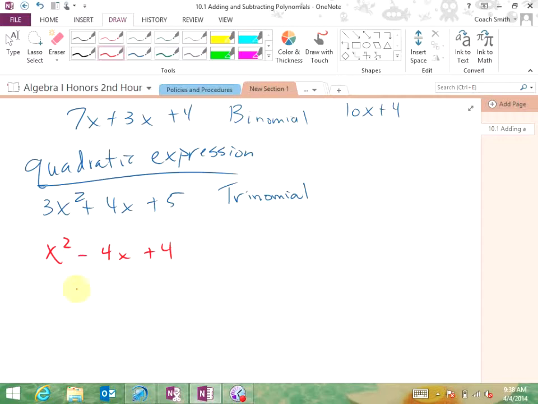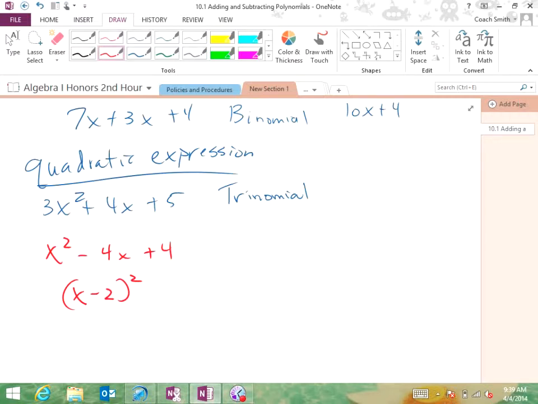That simplifies into this. But that is a quadratic trinomial that I can simplify. Obviously, you will not learn that for a couple of lessons. I think it's midway through this chapter, if I remember right. It's been a long time since I taught this chapter, but if not, it's definitely in chapter 11.